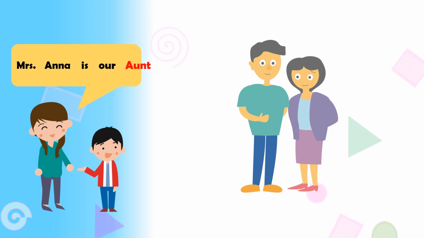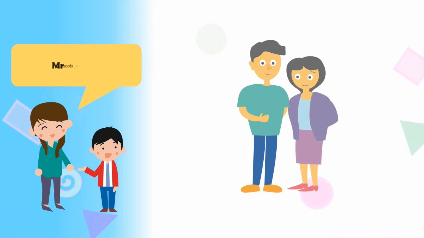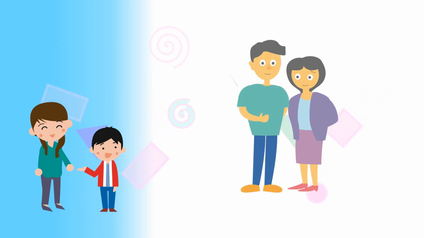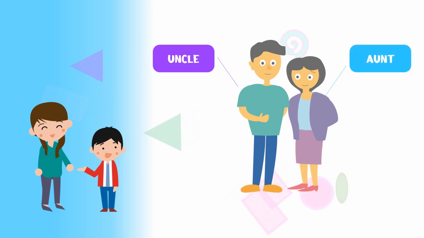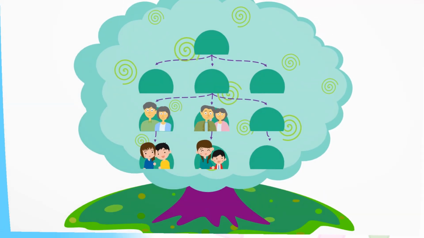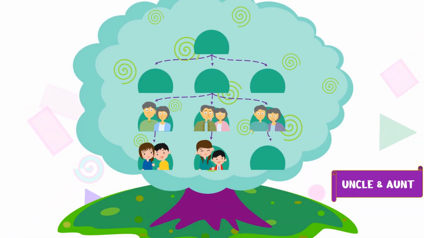Mrs. Anna is our aunt. Mr. Jacob is our uncle. Uncle, aunt. They are our uncle and aunt.